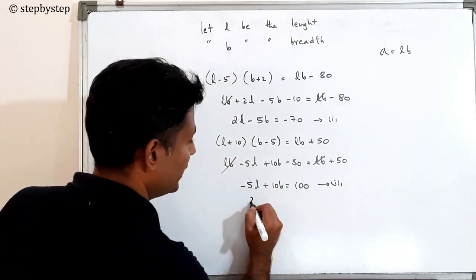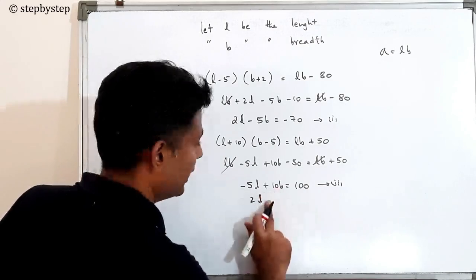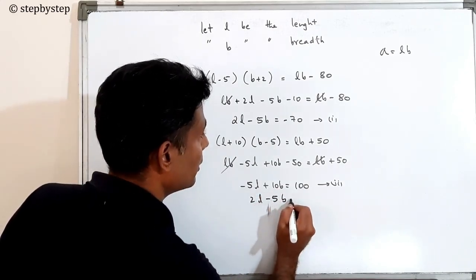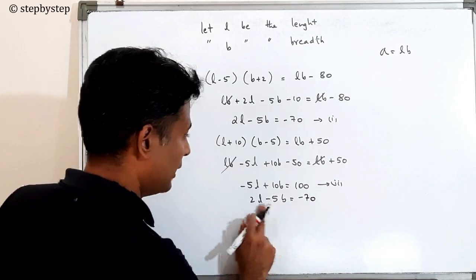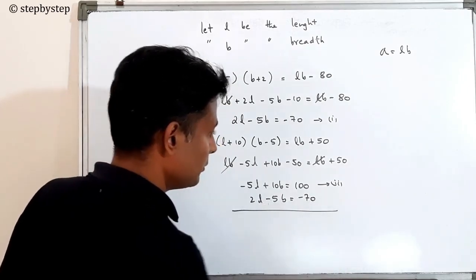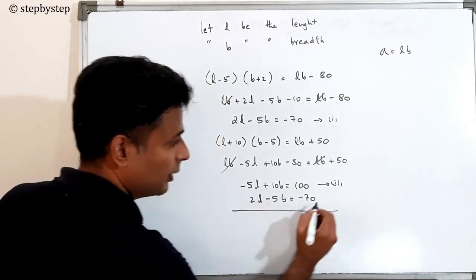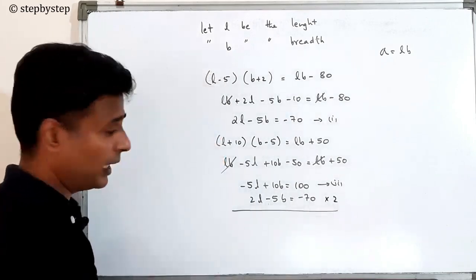Now solving 2L minus 5B equals minus 70. I'll make the B terms equal, so I have to multiply the whole equation by 2.